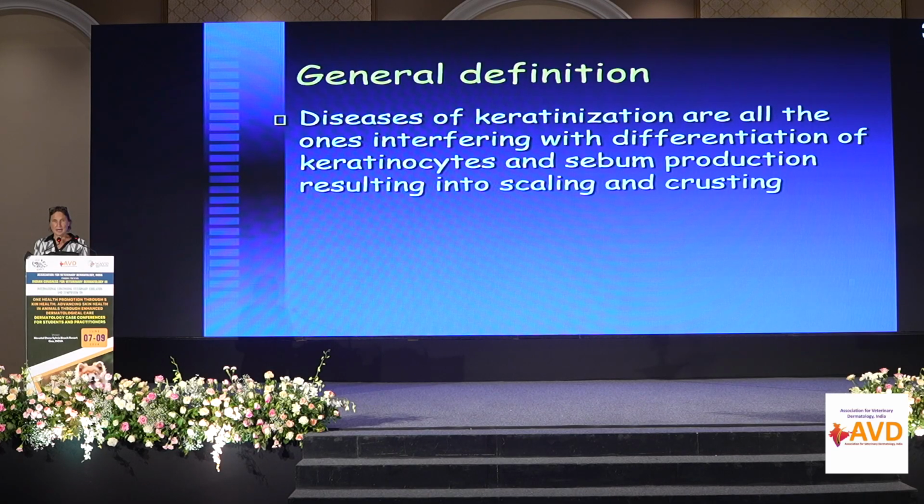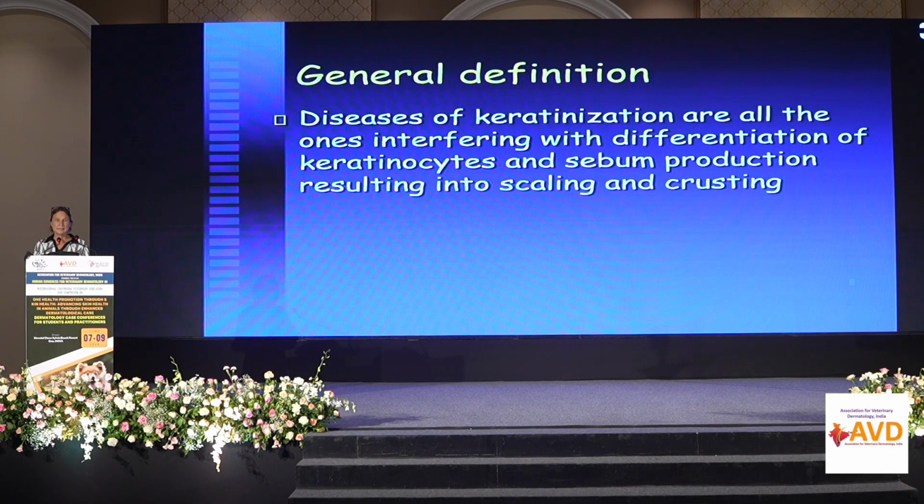In order to do that, I would like to start with the basic definition of what keratinization is. If you think of the epidermis, these keratinocytes need to move from the bottom to the top, and by doing this, they have to undergo a process, changes in the type of protein that they have and shape and so on.